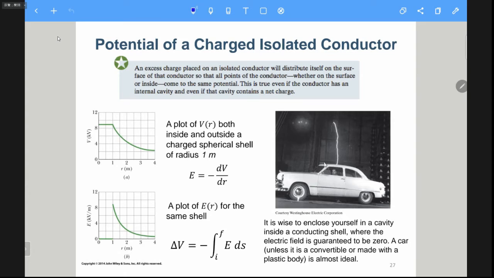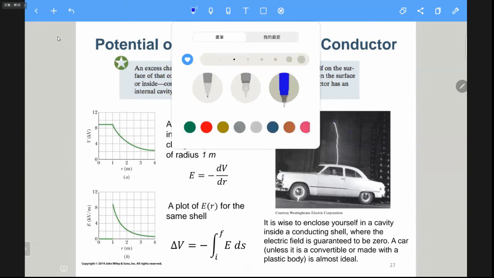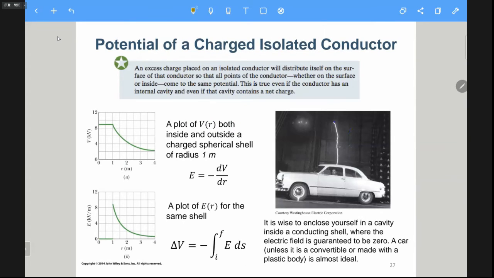It wants to tell you that. When you use thunder to hit it like this, maybe I can use yellow. No yellow color here by default. Okay, you use thunder to hit it like this.